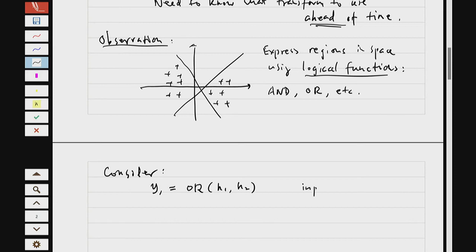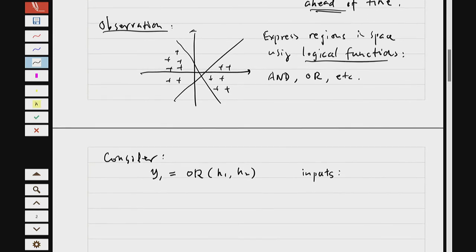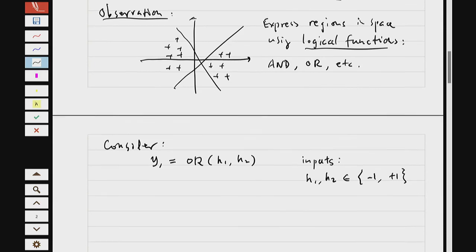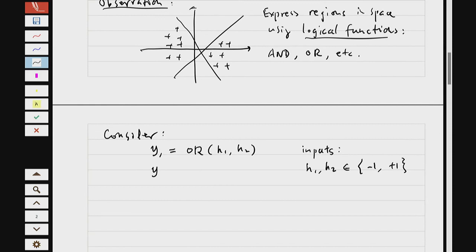For now, let's say they are just logical inputs, Boolean variables. But since we have followed the convention to use -1 and +1, our Boolean variables will be -1 and +1 instead of 0 and 1. Or you can call them true and false, but it doesn't matter what you use to label them. They're just 2 different things. That's all that you need to know. Binary inputs.